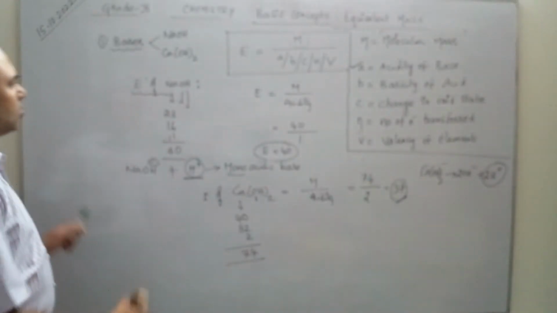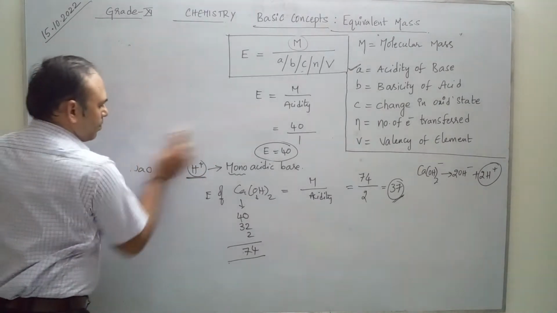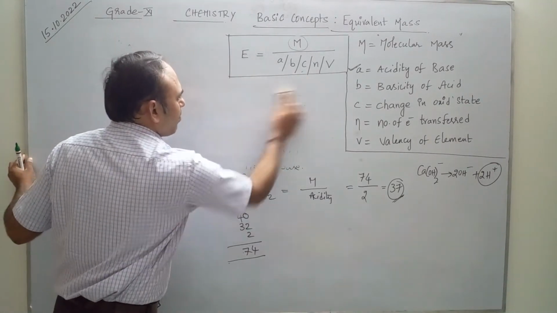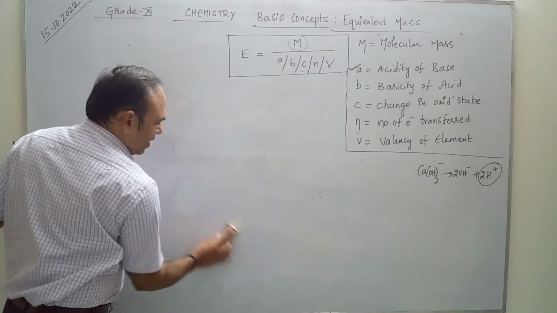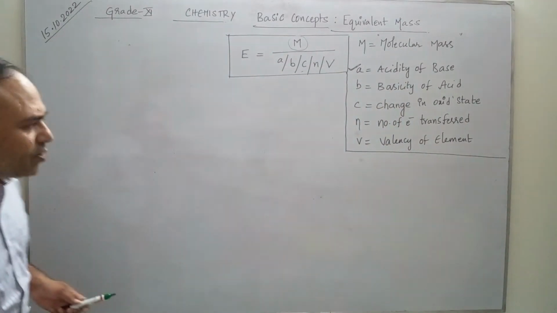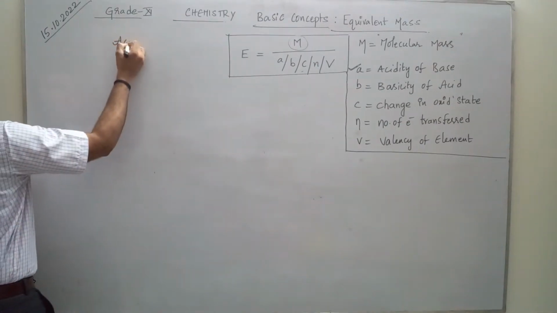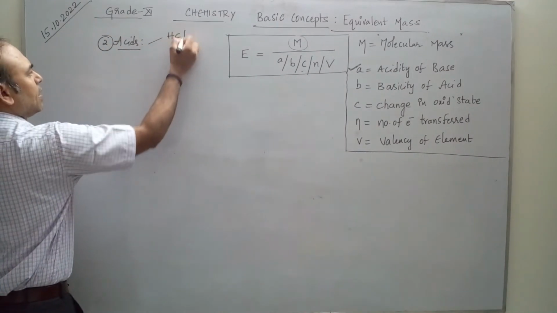Let us move to the second one. So this formula is applied to calculate the equivalent mass of an acid. So examples for acids, let us take HCl and H2SO4.